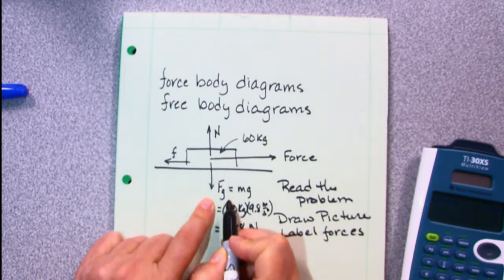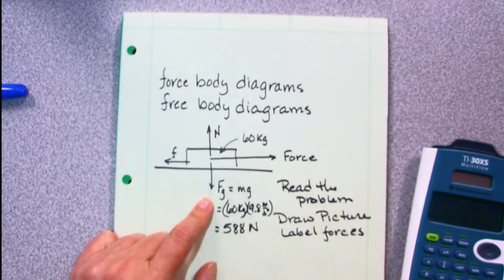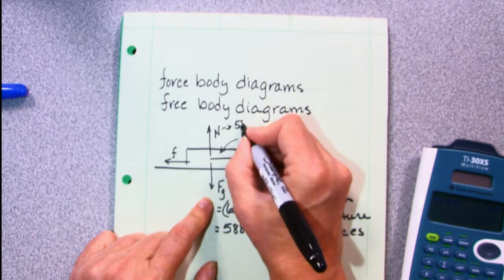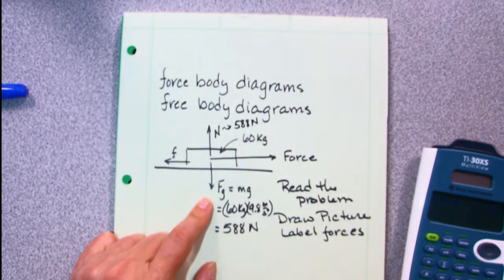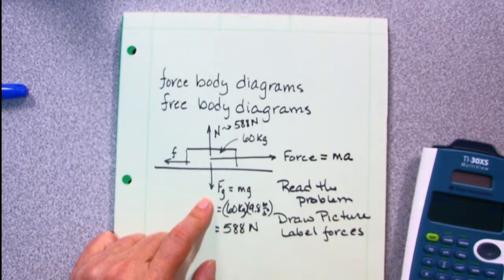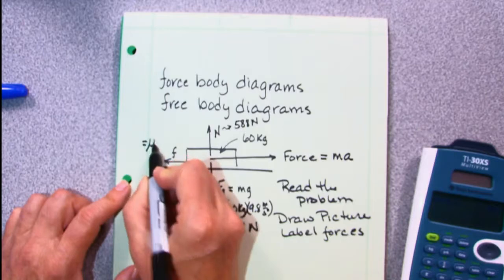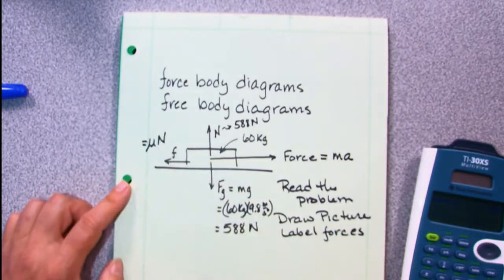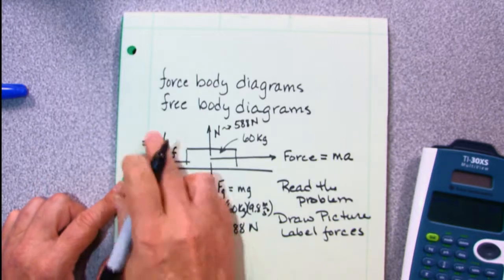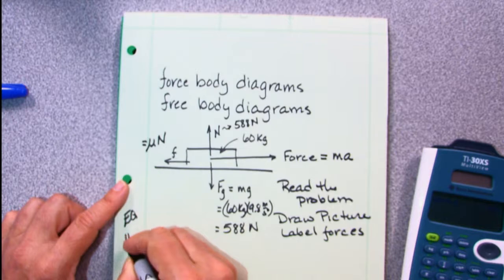Because I know my force due to gravity, I'm using Newton's third law that this is equal but opposite. So my normal force is also going to be 588 newtons. This force is going to be my mass times my acceleration. And this force, if I have friction, is going to be the coefficient of friction times the normal force. So if I label everything, I've got my equations, and I have the information that's known.